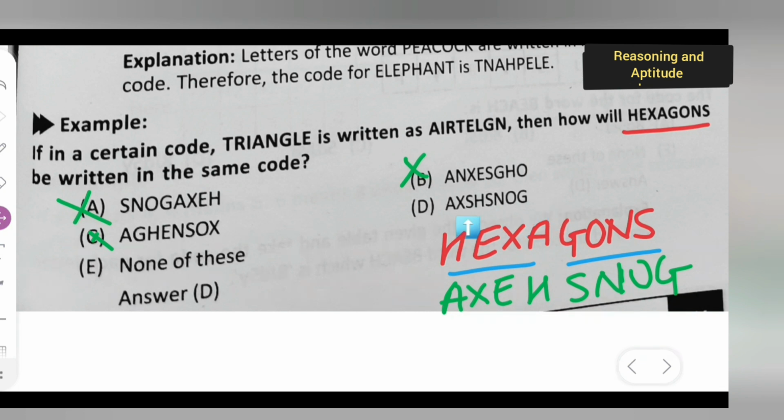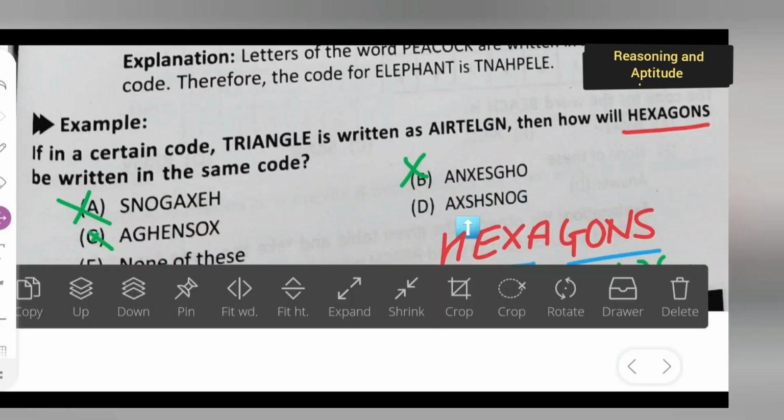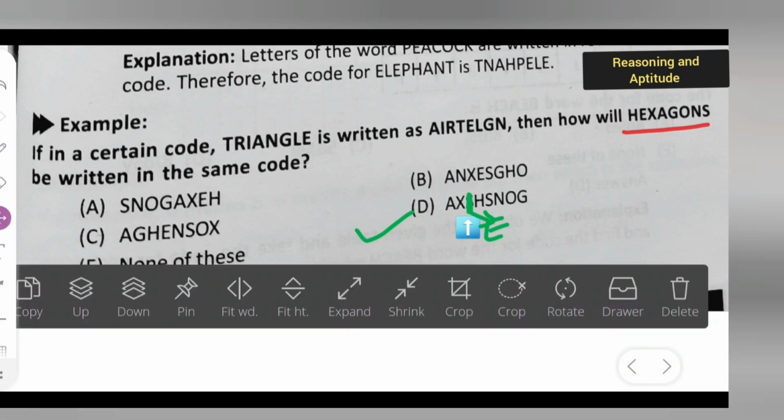There might be a printing mistake over here, and this should be E. Otherwise, option E is the correct option. So you have all understood: option D is the correct option, and there was a printing mistake, so it is E.